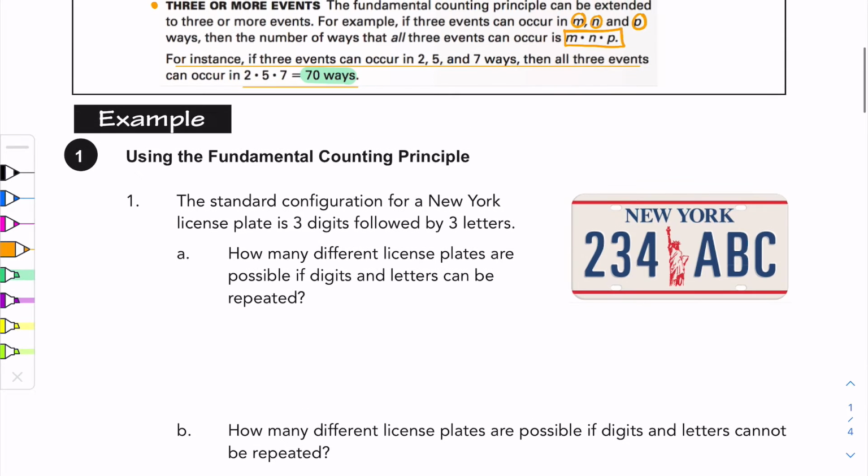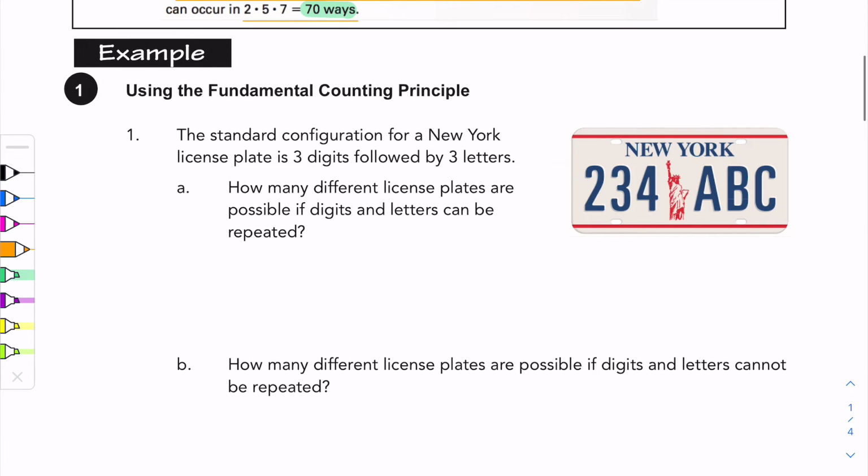So we need to look at the options here. If the first 3 values are digits, you have a choice of 0, 1, 2, 3, 4, 5, 6, 7, 8, 9. So there's 10 choices for each digit. So 10 choices here, including 0, 10 choices here, and 10 choices here.